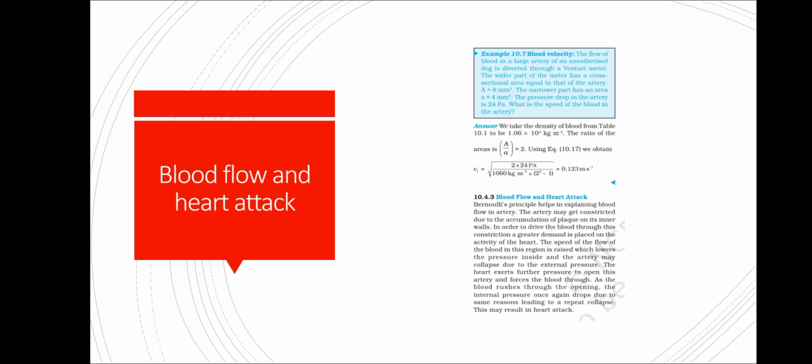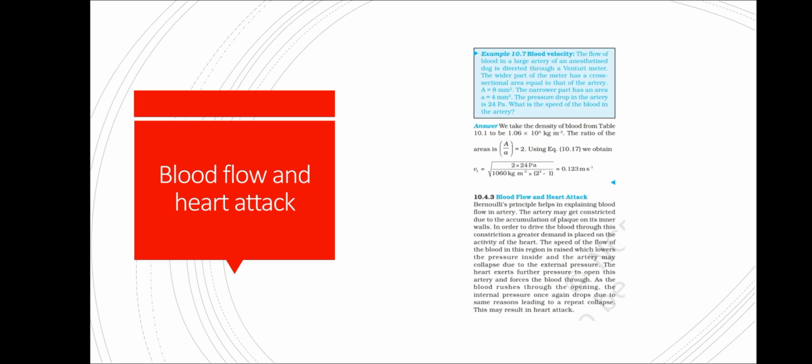Due to the high speed of the blood, the pressure will decrease. If the pressure decreases, then the arteries will collapse. If arteries collapse, then again the blood increases speed, and again the arteries collapse. That's why it happens, and this may result in a heart attack, right?